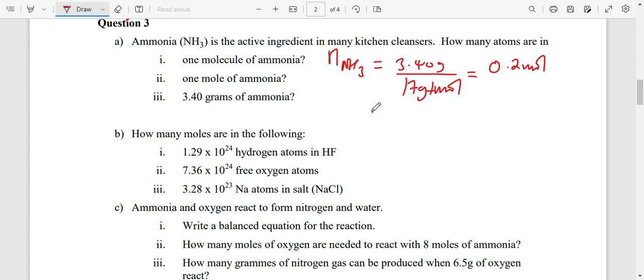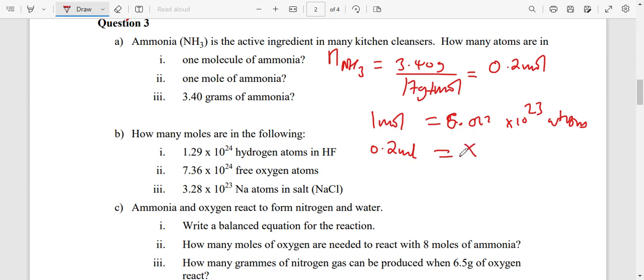Now you already know that 1 mole has 6.022 times 10 to the power 23 atoms. Now how about 0.2 moles? That's what you want to find, x. So x is going to be 0.2 multiplied by 6.022 times 10 to the power 23.